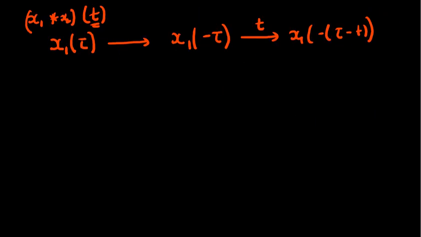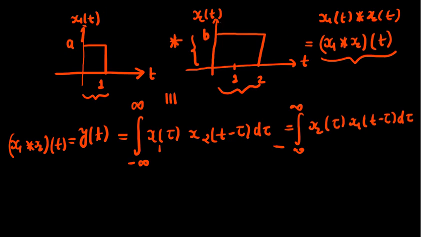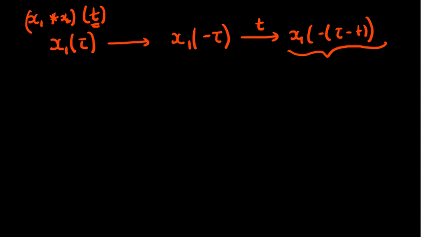So you can see that this is your second term, x1(t minus tau). And in order to get this term, we follow these two steps. Step 1, we take the image, or we reflect it across the y-axis, and then we shift it by t.